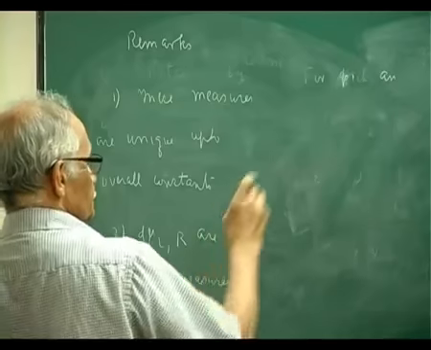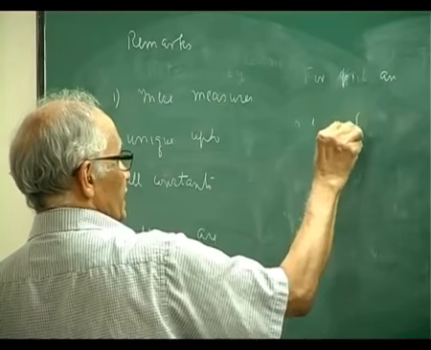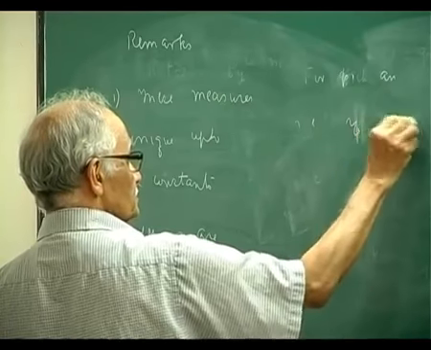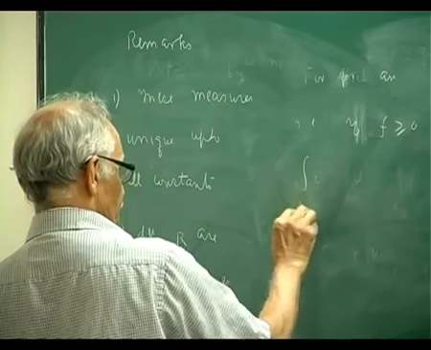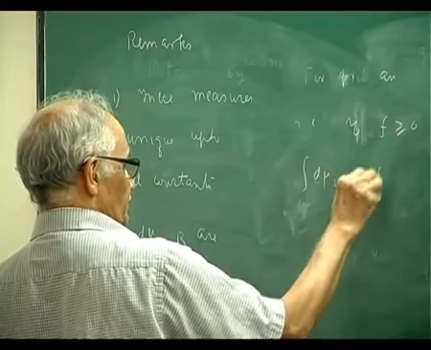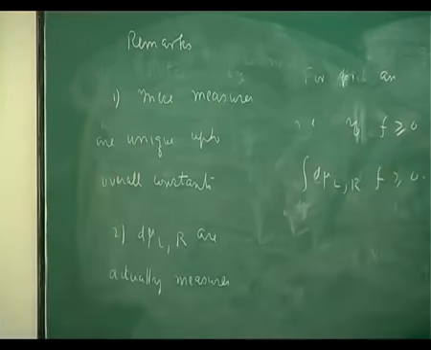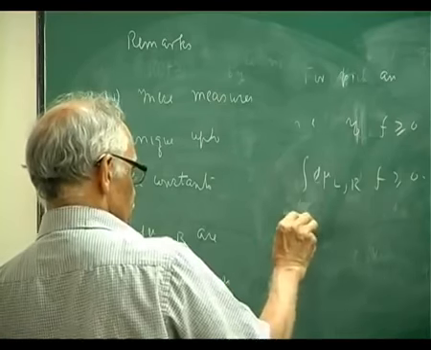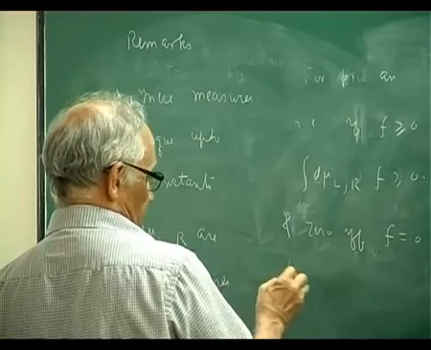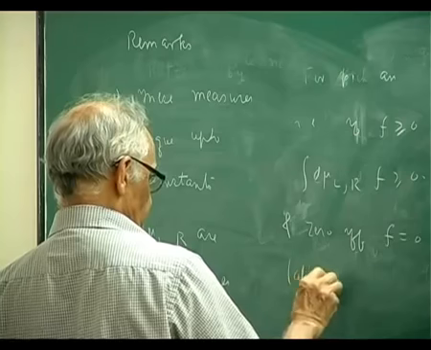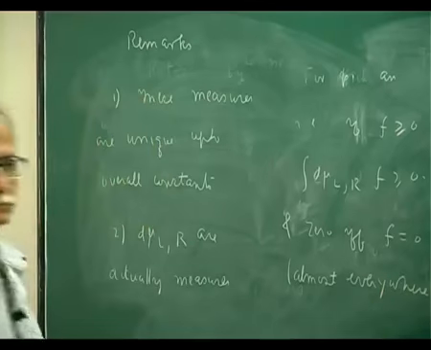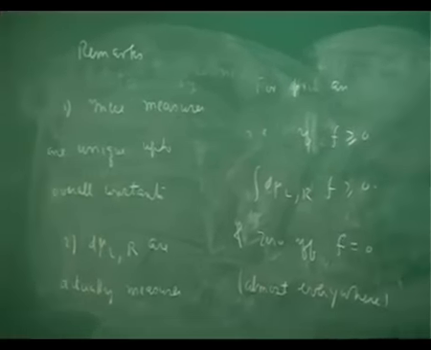That is, if f is non-negative, this integral of d mu LR f is non-negative, and 0 if and only if f equal to 0, in the measure theoretic sense. So it's actually a measure, a volume.